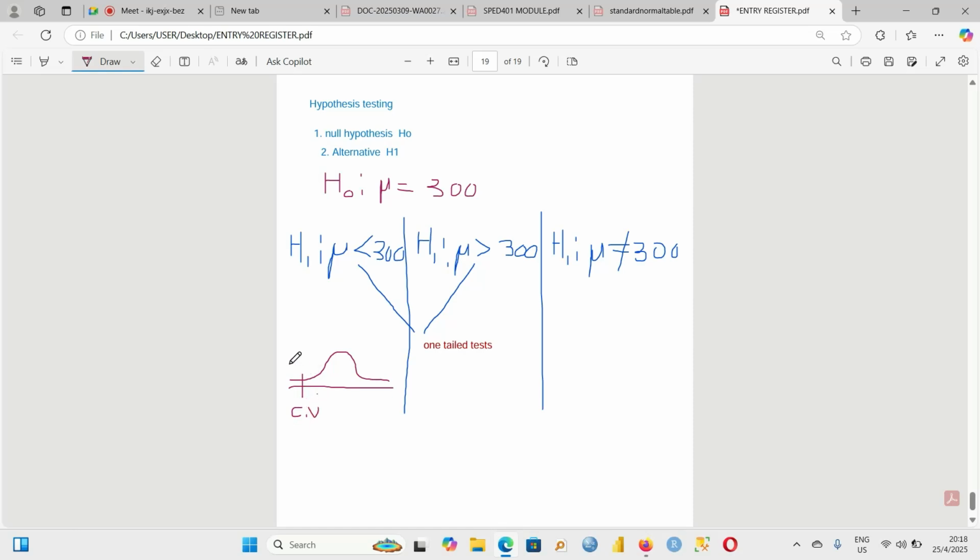So in this case, we are testing if there is a change in the negative direction. For the second one, we are testing for the upper-tailed test, so my critical value is positive. Here I've got a positive critical value.